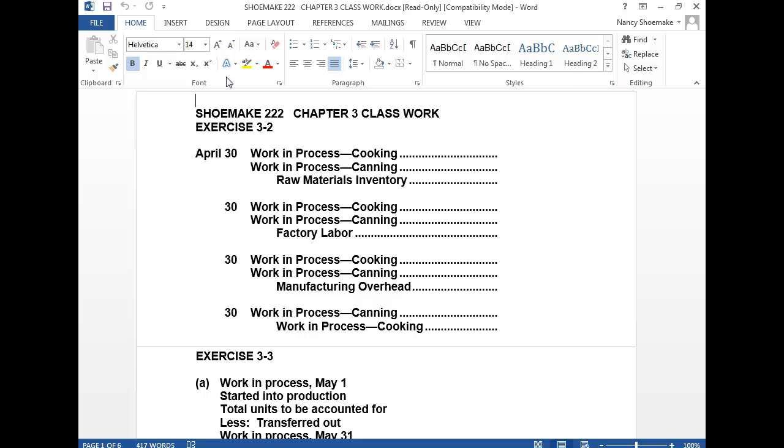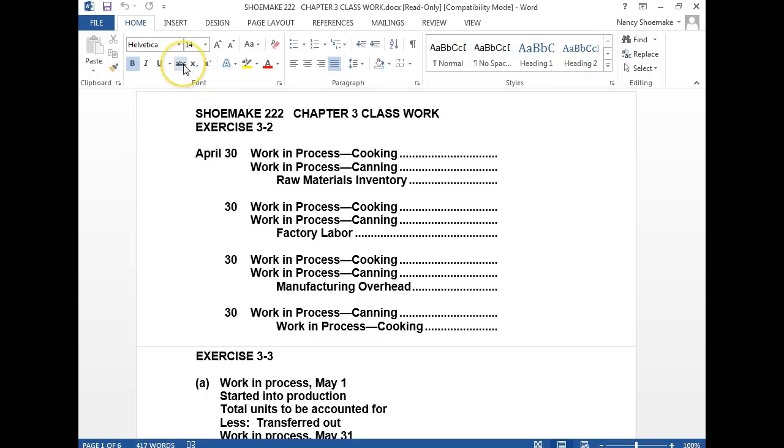So this pizza sauce has to go through 2 methods. They have to cook it, then they have to can it. In the month of April, the work in process accounts show they started the cooking with nothing, but the canning had 4,000 work in process at the beginning. We've got our materials, our labor, our overhead costs, and then what got transferred into canning.